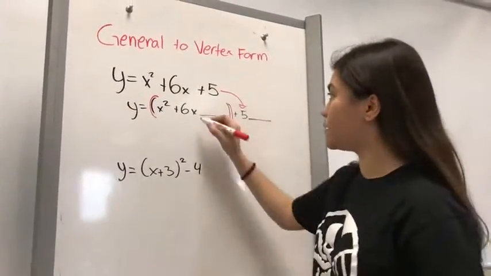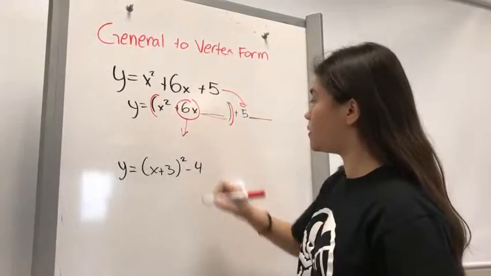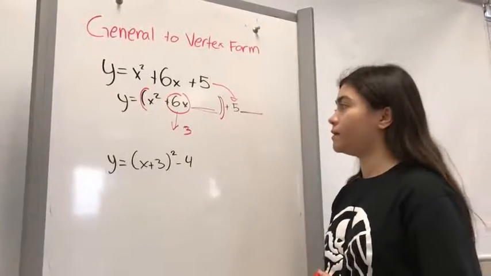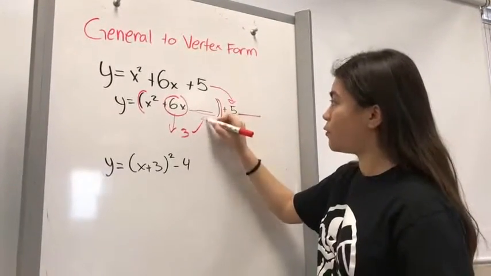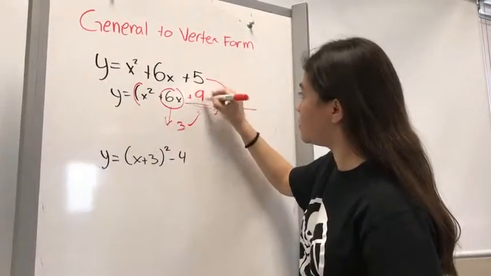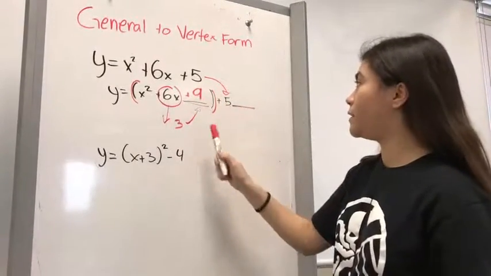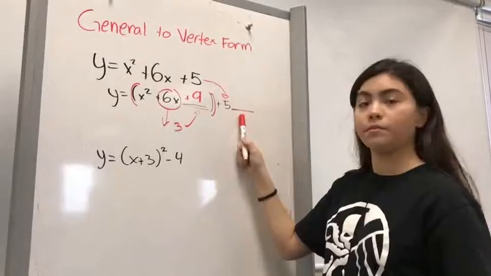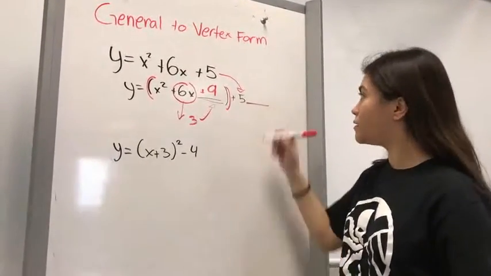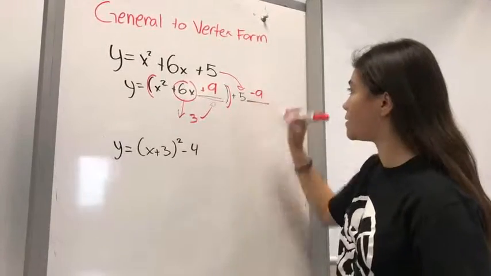Then we take this term and halve it, so half of 6 is 3, and then square it, so 9. This one here is going to be plus 9, and in this line we put the same term with the opposite sign, so it would be -9.